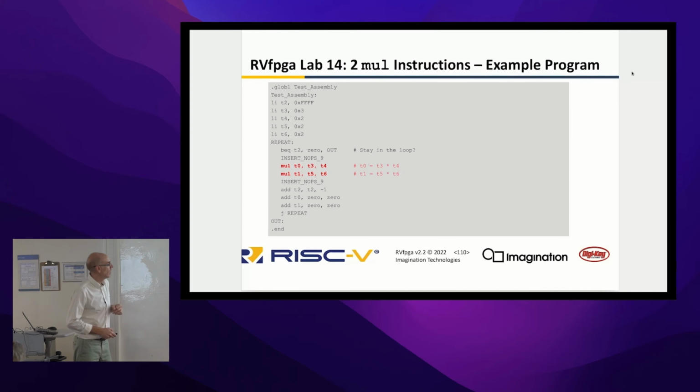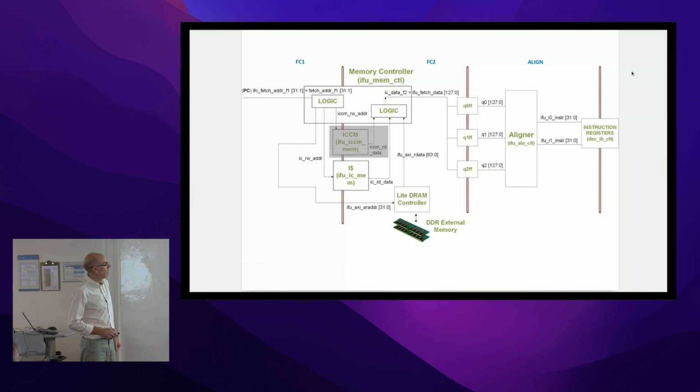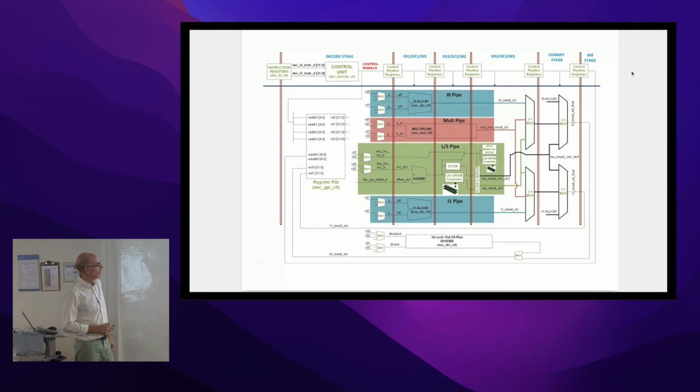If I go back to the figure for the SweRV EH1 processor, we said that we have an arithmetic logic unit at the X1 stage, but then in the commit stage we are only showing these multiplexers that select between different results coming from different places, but nothing else.